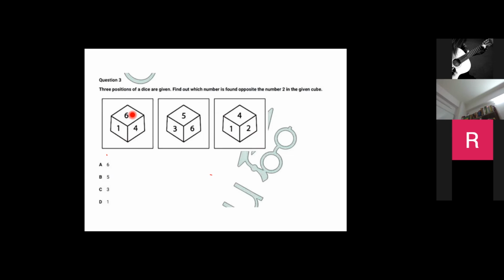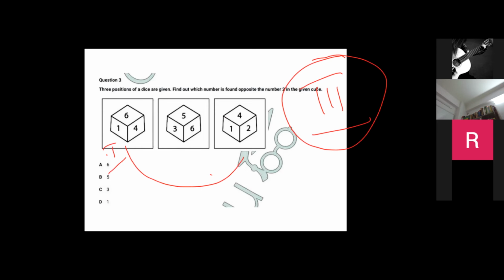I have 1, 6, 4. So here 2 sides, 1 and 4, are common. So this applies to my third type, and I can compare only the first dice and third dice, which is needed for me to solve this sum. I'm telling you again, it is not necessary to compare all the given figures and come out with the answer.